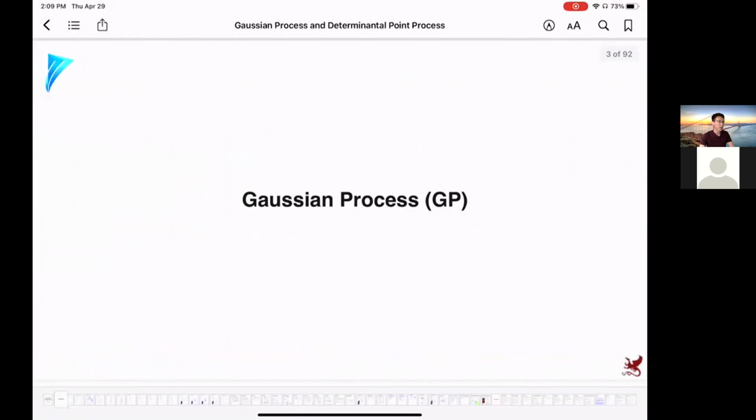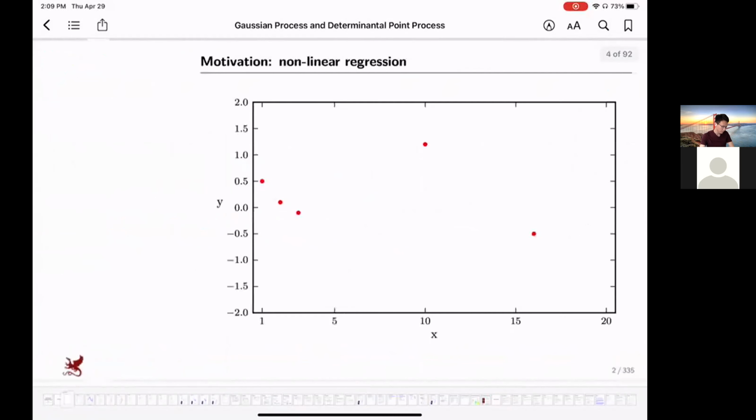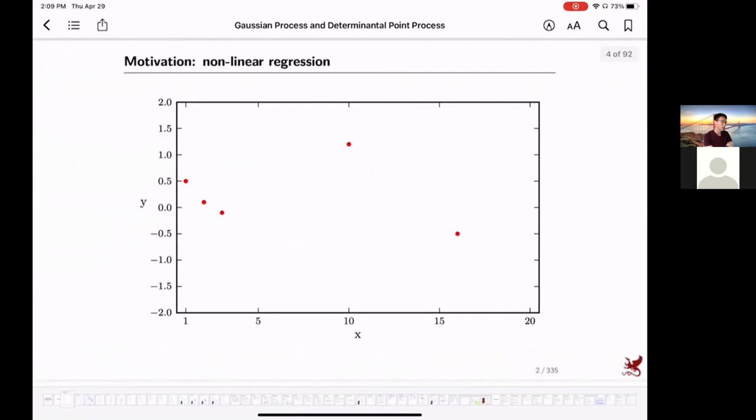Okay, let me start with the Gaussian process then. I would like to start very gently with a super simple idea, so that hopefully you are able to at least intuitively get what's going on with Gaussian process and why we want to use it. Let's consider a very, very simple example, a one-dimensional linear regression problem.